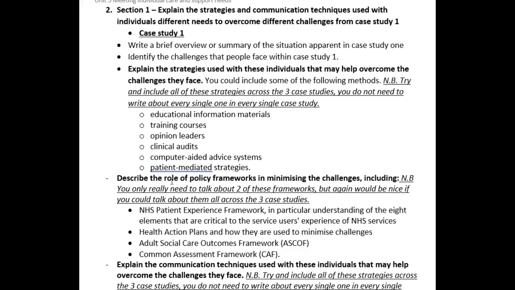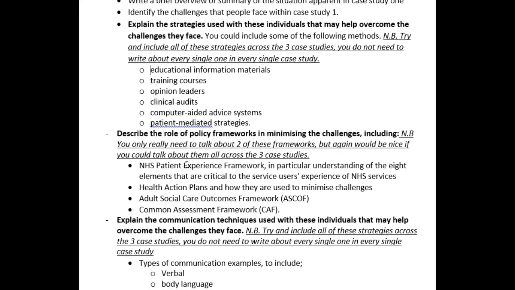Following on from that, you need to describe the role of policy frameworks in minimising the challenges. So you've talked about these different strategies, and now you're thinking, which of these frameworks would be used best to overcome the challenges? If your service users are children, you might choose to write about how the Common Assessment Framework can minimise the challenge.